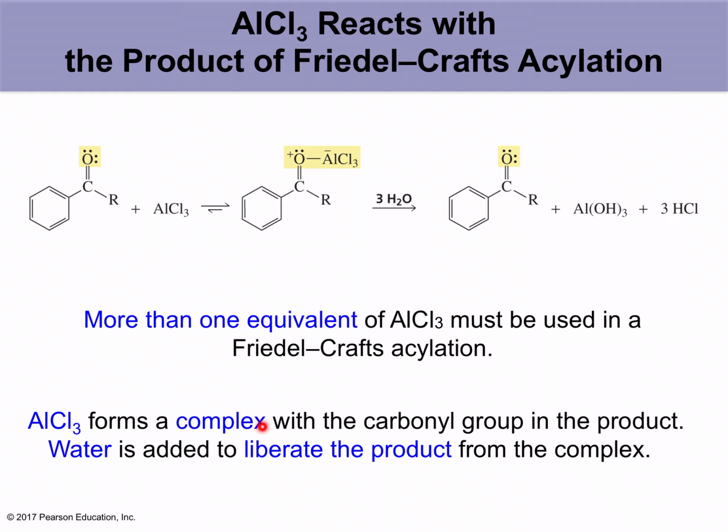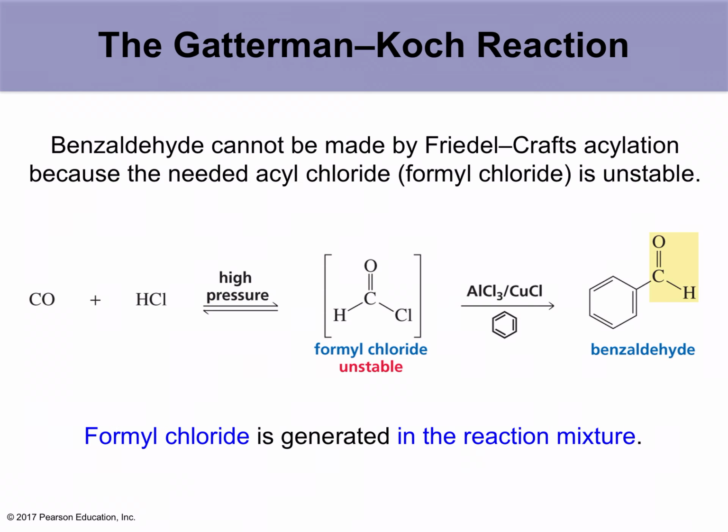Aluminum chloride forms a complex with the carbonyl group in the product, like here, and then water is added to liberate the product from the complex. So the final product will be released or separated from this complex by adding water. Okay, so now you have the acylated benzene ring. And here's another reaction.